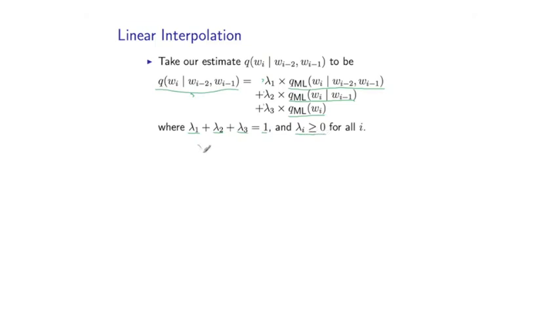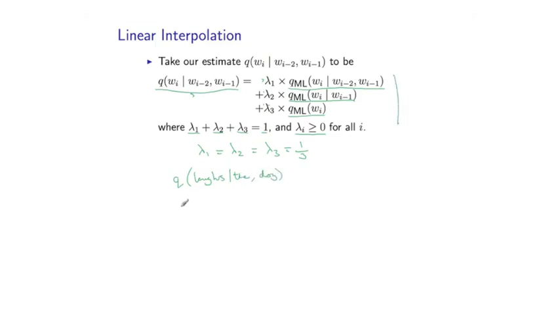So for example, we might have lambda 1 equals lambda 2 equals lambda 3 equals a third, which basically means we give 1/3 weight to each of these maximum likelihood estimates. So let's go through a specific example, a specific parameter. Say we want to estimate the parameter corresponding to the probability of the word laughs, given that the previous two words are the and dog.